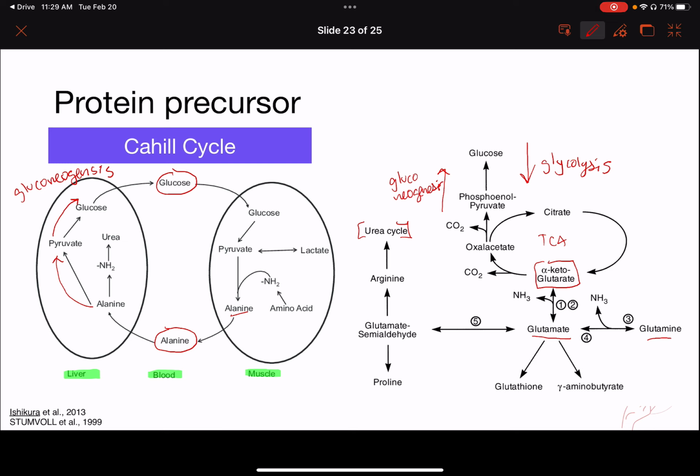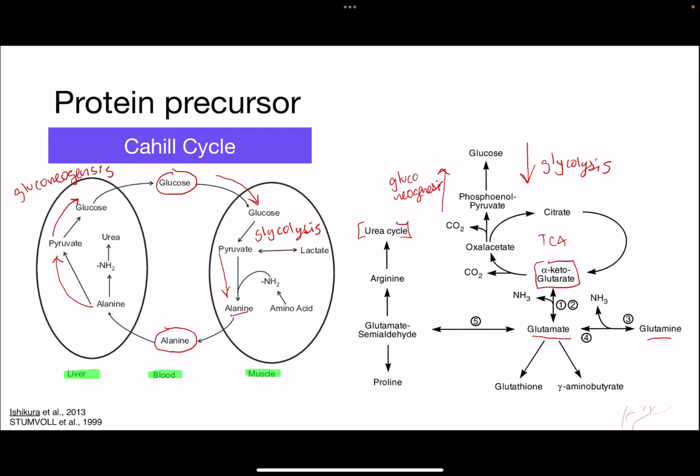And then we now have glucose. Glucose goes into the blood. The muscle needs glucose. It's going to do glycolysis to pyruvate. And that pyruvate can then be turned back into alanine and the cycle continues.